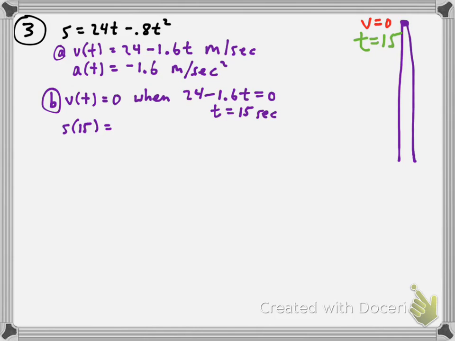That's 24 times 15 minus 0.8 times 15 squared, and that number is 180 meters.